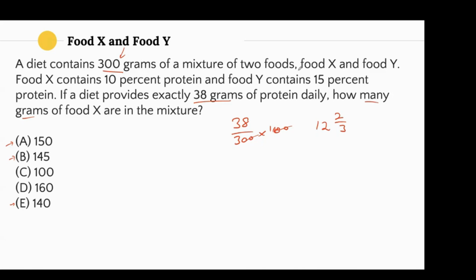Abhinav, did you get my question? Tell me in percentage terms. If the two foods were mixed equally, what would be the percentage of protein in the resulting food? 10% protein, 15% protein.